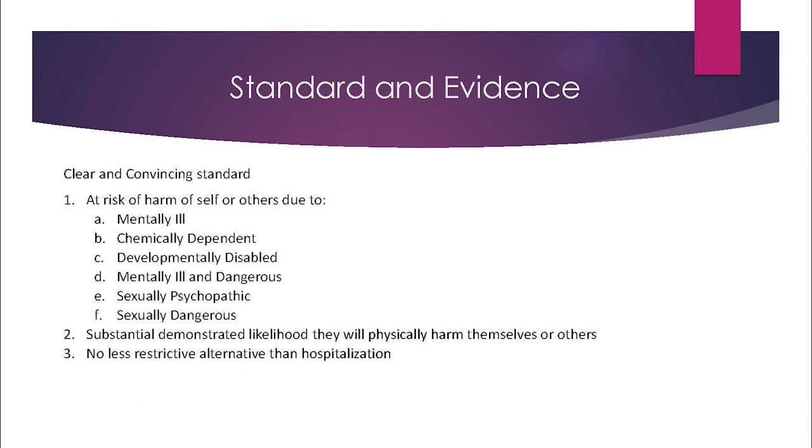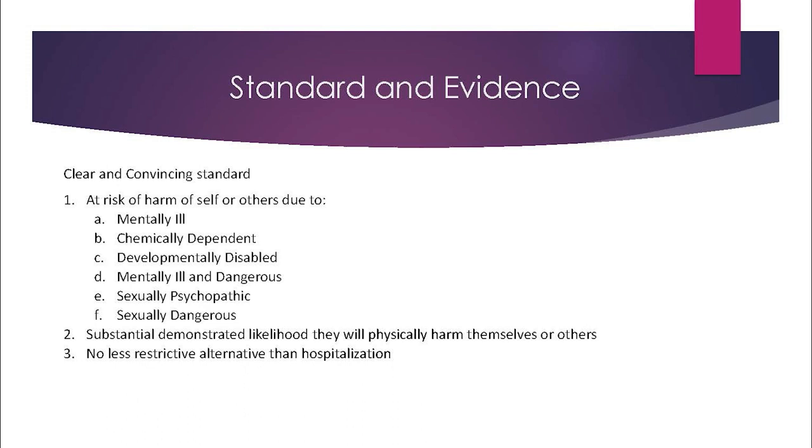The finding has to show that the client is at risk of harm to themselves or to others, specifically due to being mentally ill, chemically dependent, developmentally disabled, mentally ill and dangerous, which is a separate finding, sexually psychopathic, or sexually dangerous.